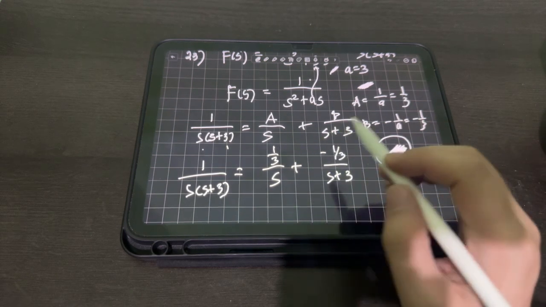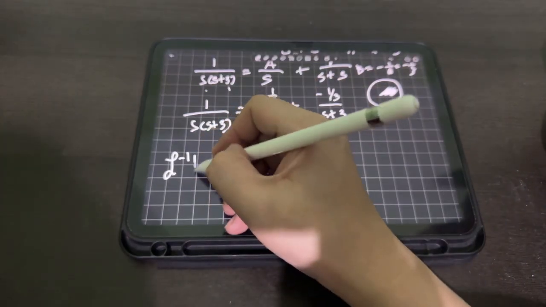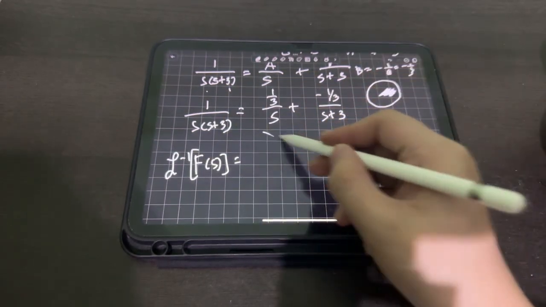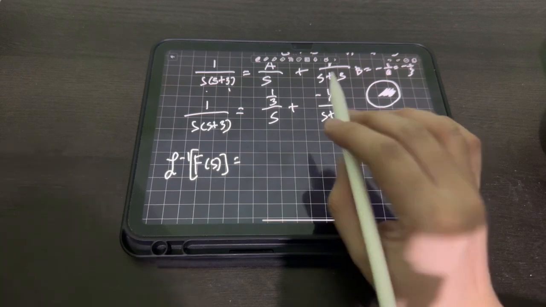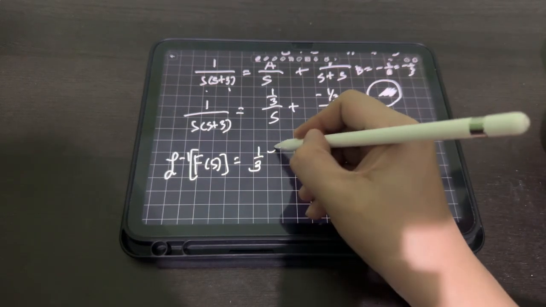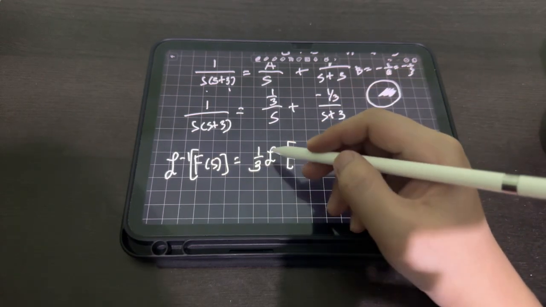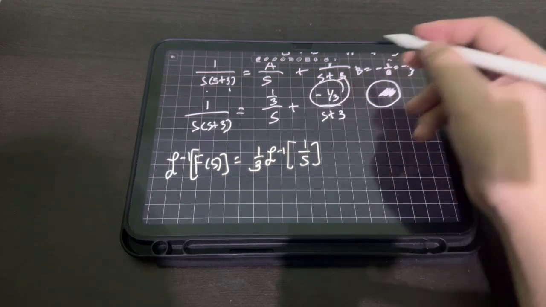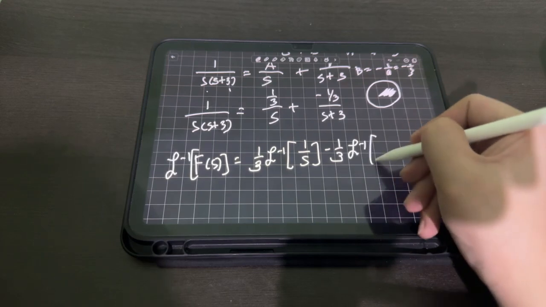Okay? So therefore, if we try to get the inverse Laplace transform of f of s, you can just get the inverse Laplace transform of its partial fractions. So 1/3, just put it in front of the inverse Laplace operator because it's just a constant. So 1/3 inverse Laplace transform of 1 over s. Also, this negative 1/3, put in front of the inverse Laplace operator.